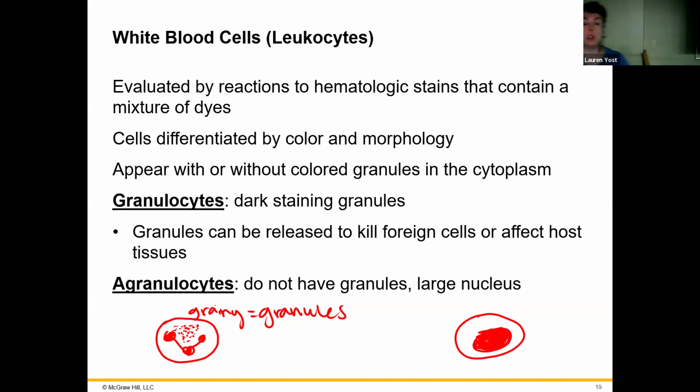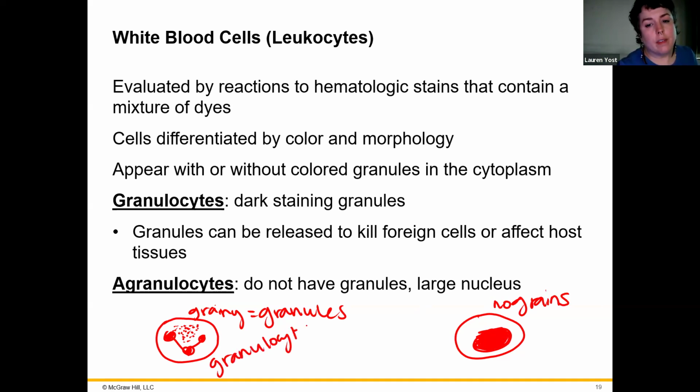There are no granules. It doesn't look grainy. So our granule-containing ones are literally called granulocytes, and the ones without the granules are called agranulocytes. That's really the distinction there.